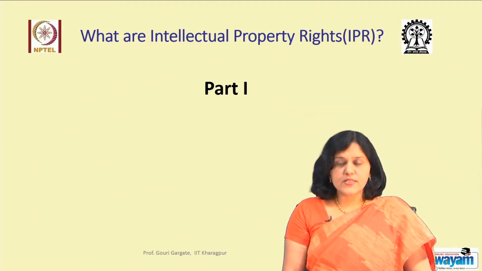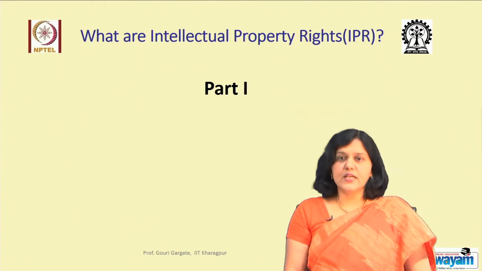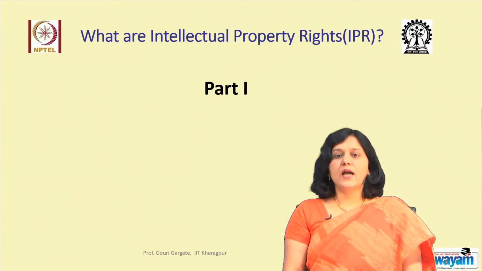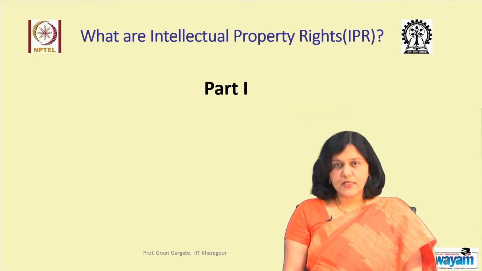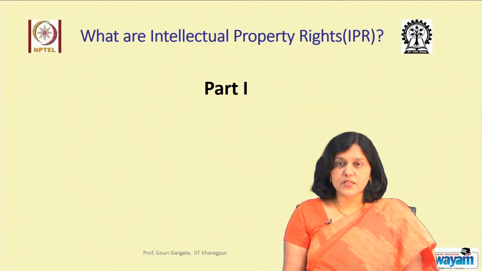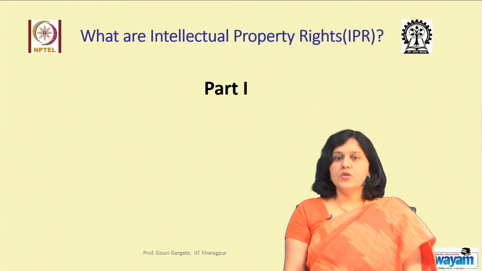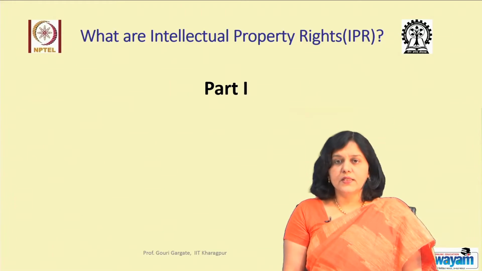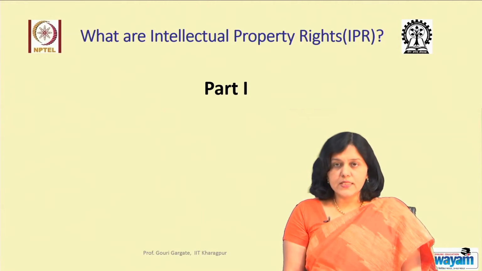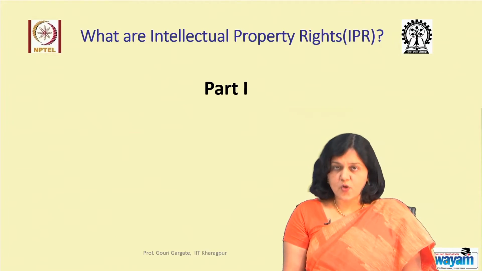The above-mentioned sentence depicts various creations of mind, such as inventions, literary and artistic works, symbols, names, images and designs. And the other important word mentioned is commerce. So, you might have guessed now that there might be different types of intellectual property which can protect these different creations, and these are useful in commerce.